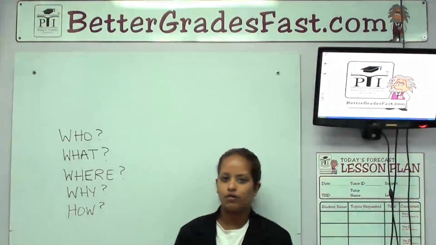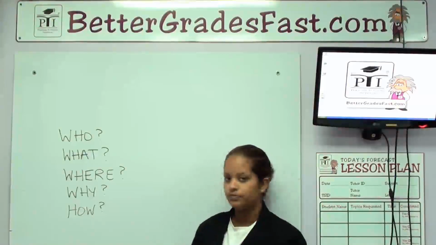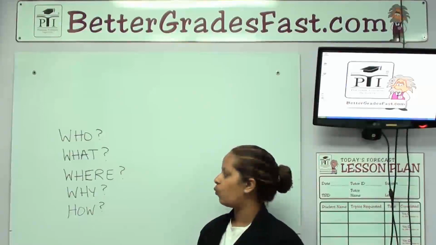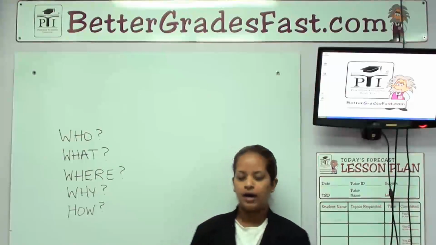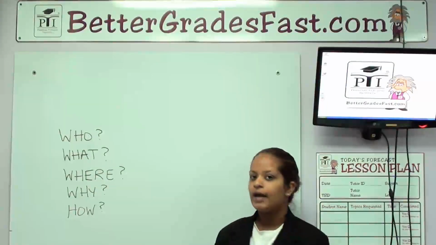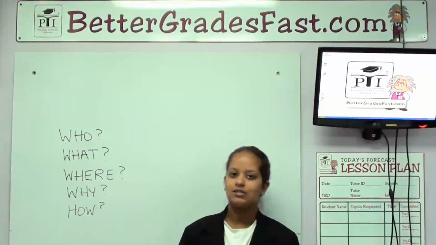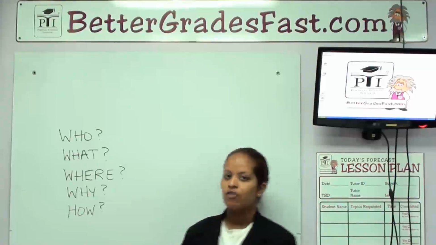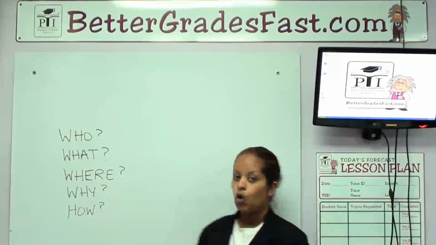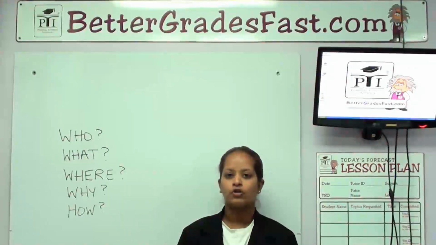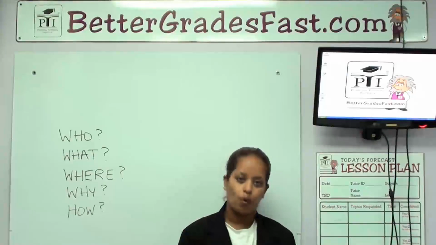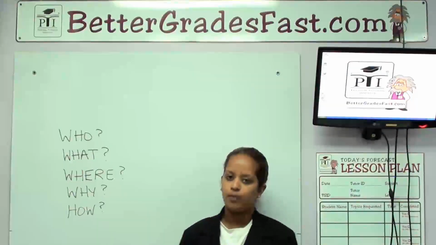The 5 interrogatives are who, what, where, why, and how. Each of these questioning words require different types of answers. For example, who would always require a person or persons as your response.